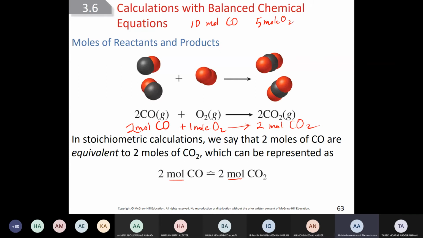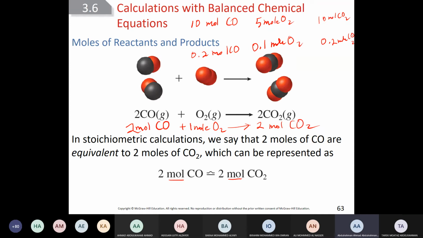How many mole CO2 am I going to produce? 10 mole CO2. Yes, absolutely right. How about if I have 0.2 mole CO? How many moles do I need from O2? 0.1 mole O2. How many moles of CO2 am I going to produce? 0.2 mole CO2. Okay.